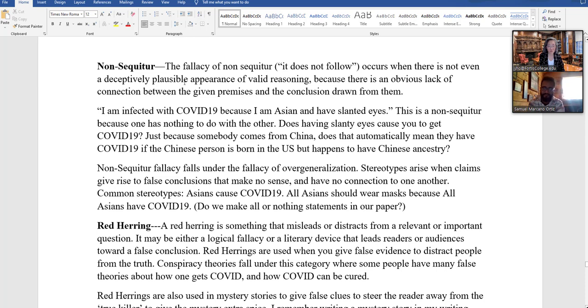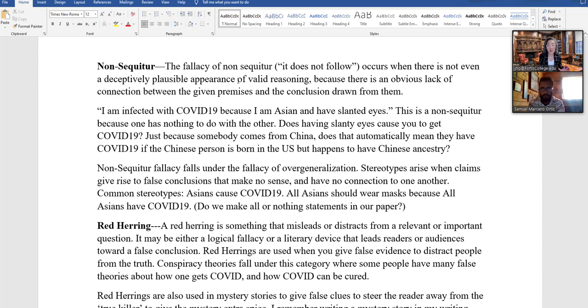Non sequitur. The fallacy of non sequitur means that you say one thing and then the next doesn't follow. It occurs when one claim and another, the cause and effect, have nothing to do with each other. So it's a deceptively plausible appearance of valid reasoning, but there is an obvious lack of connection between the given claims. So if I would say, which I went over last time, I guess that means that all Chinese people are infected with COVID-19 because they have slanted eyes.